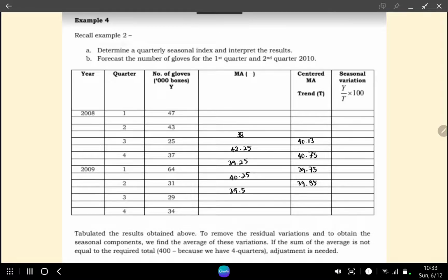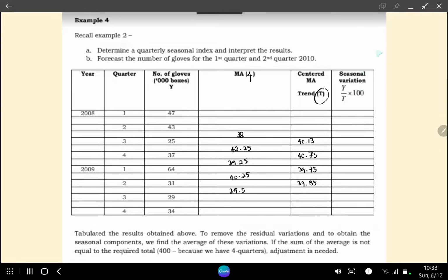Here I have copied back all the values that we have discussed in the previous video. This is the column for moving average 4, and then this is the column for calculation of the trend, T.